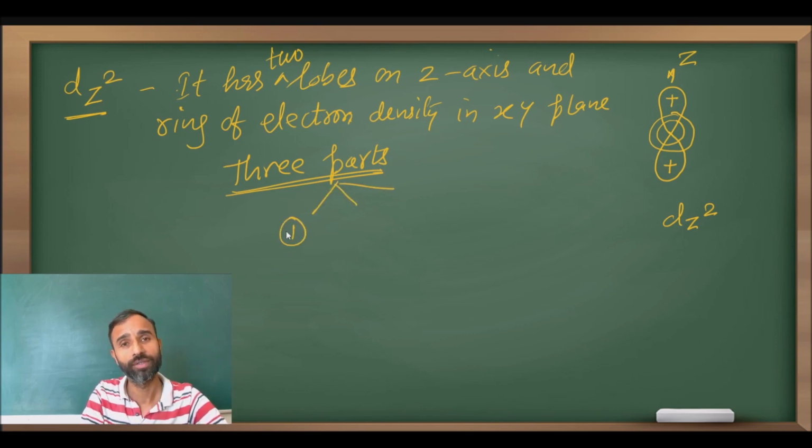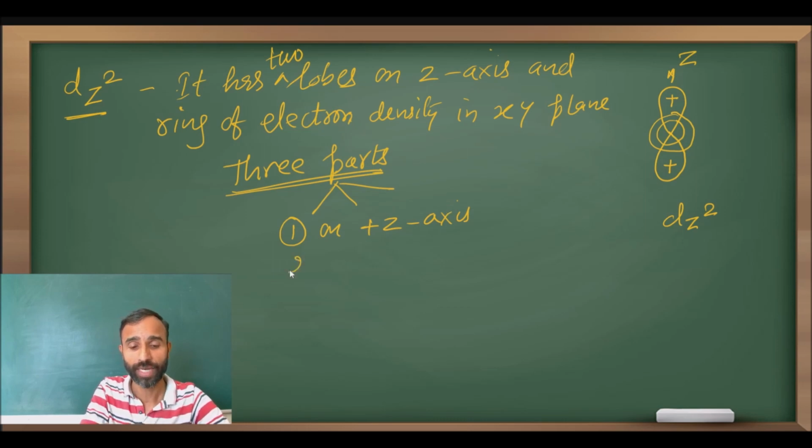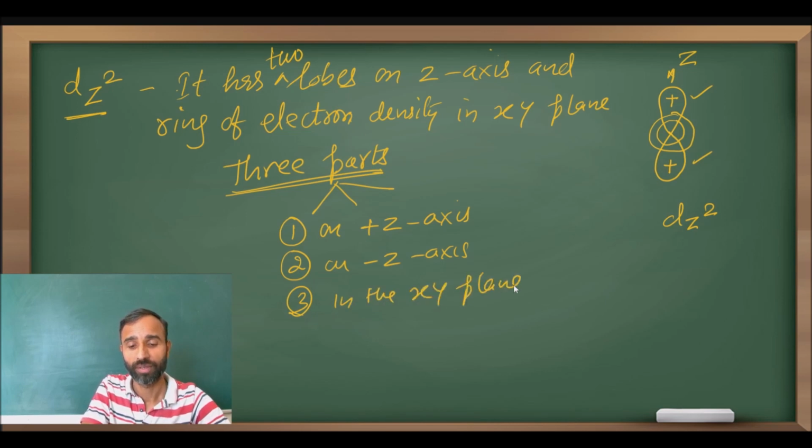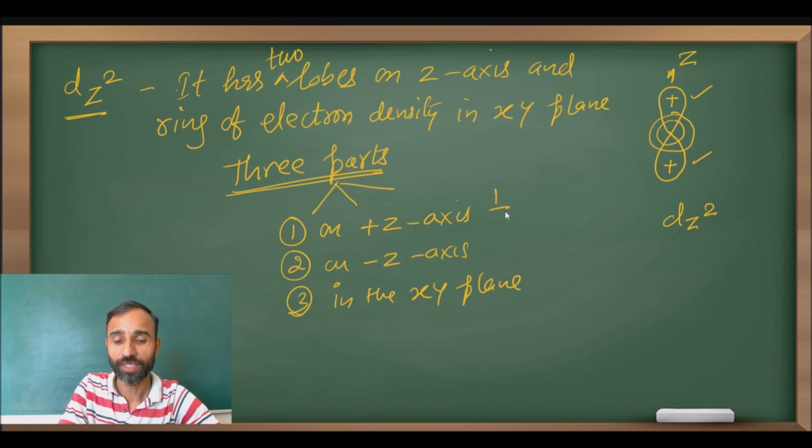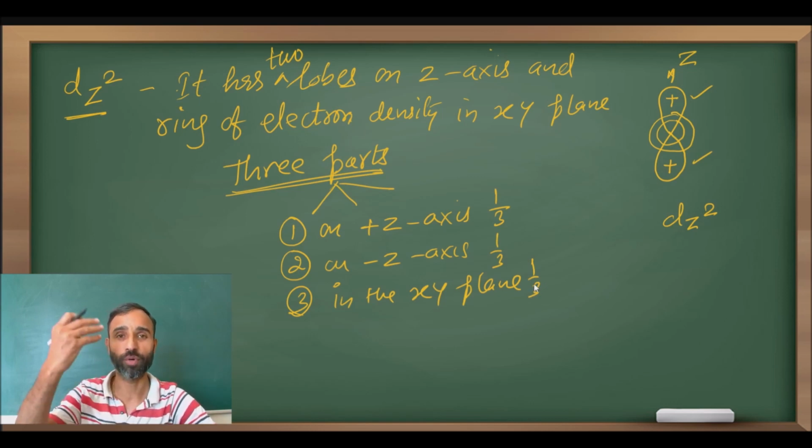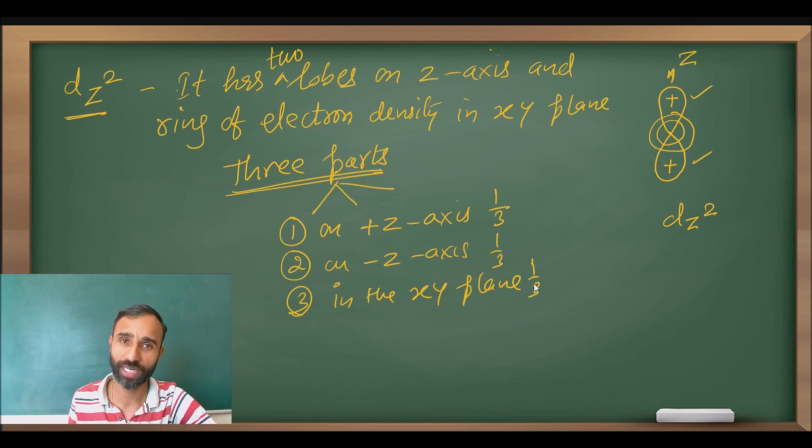It has 3 parts. One part on the plus z axis, second part on the minus z axis, and third part in the xy plane. That means in all the 3 it is 1/3, 1/3, 1/3: 1/3 on the positive z axis, 1/3 on the negative z axis, and 1/3 in the xy plane.